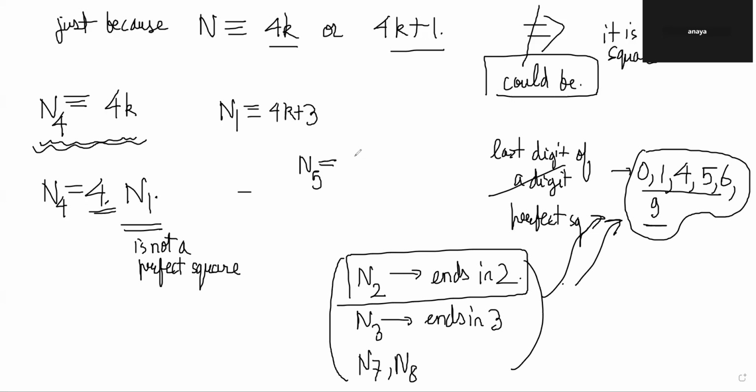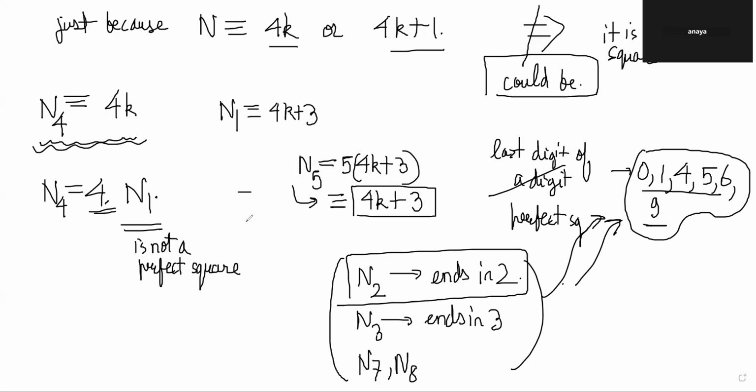So that is 5 times of 4k plus 3, which is basically 4k plus 15. 15 is also 3 mod 4, so N5 is of the form 4k plus 3.